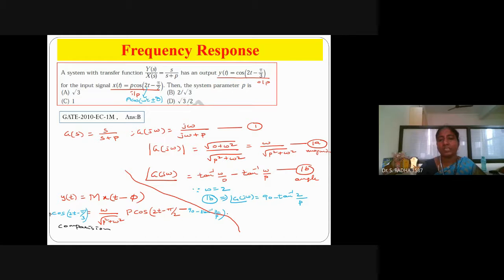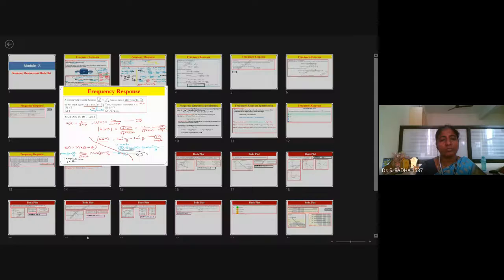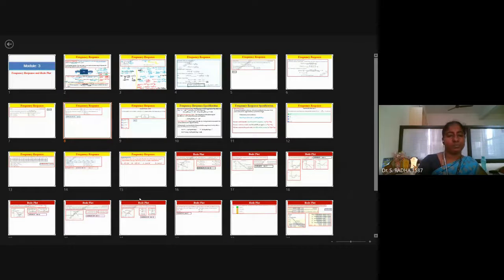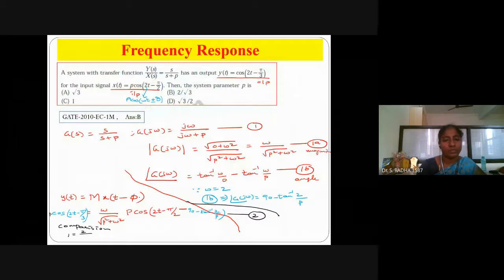I will take this as equation number 2. I am comparing on equation 2. Magnitude 1 is equal to the omega value, which we already have from the given question, value is 2. So I will write here 1 equal to 2 divided by square root of p square plus 2 square, which is 4.